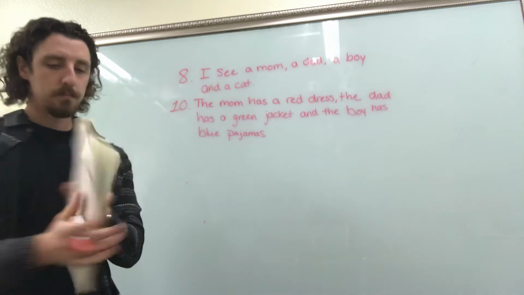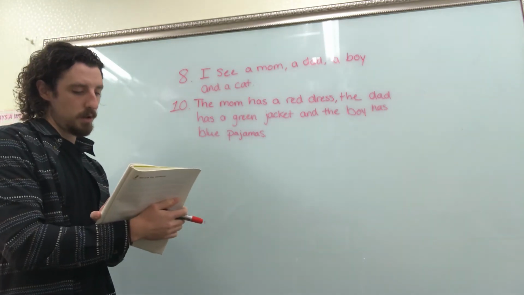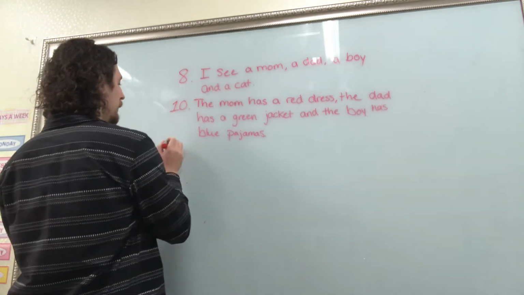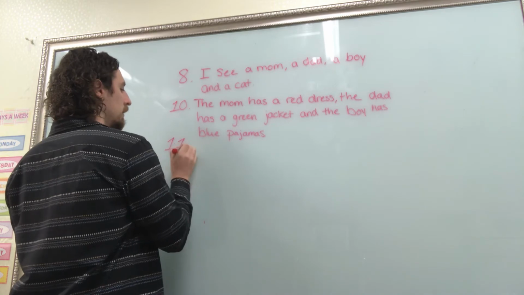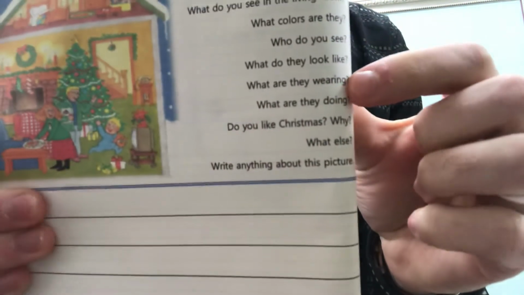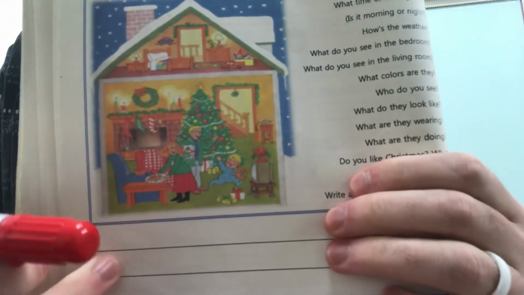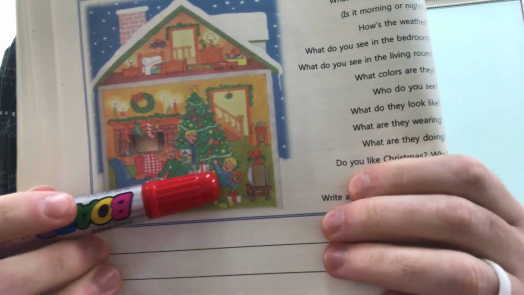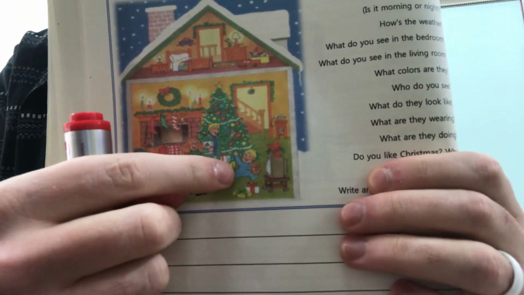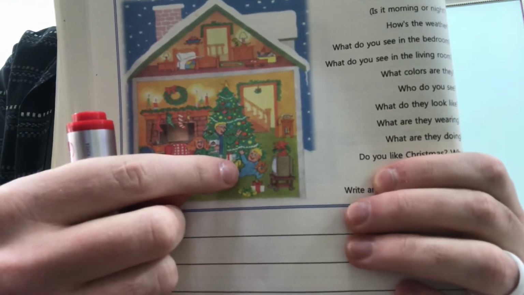All right. What is the next one? What are they doing? Okay, let's go to question 11. So, question 11 says, what are they doing? Well, what is the boy doing? The boy looks like he is running. Okay?